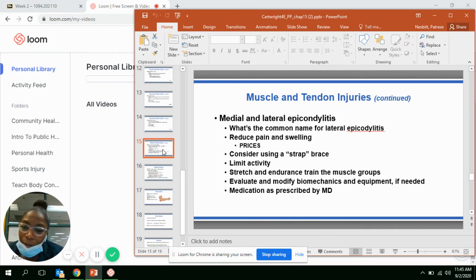So your lateral epicondylitis is considered tennis elbow, and your medial epicondylitis is golfer's elbow. It was identified with those terms because it can happen in those particular professions, but it can also occur as a result of overuse.